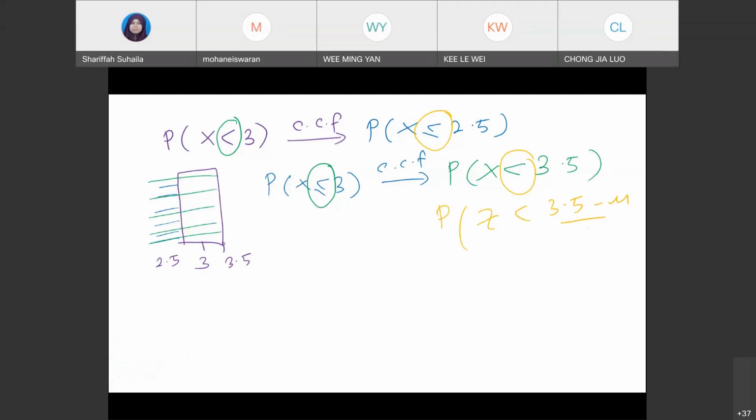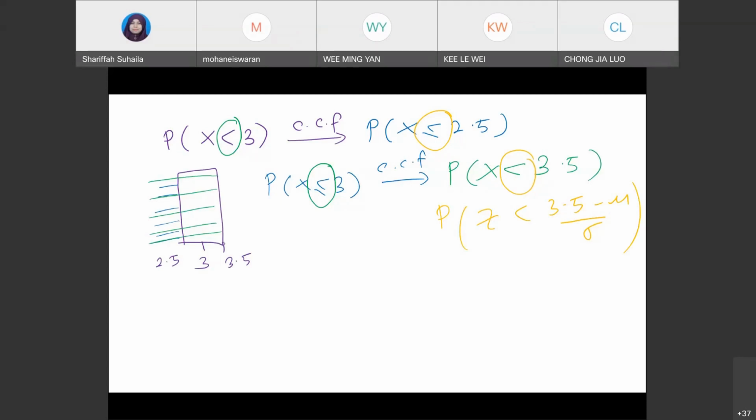It's already become continuous, so with or without equality signs is the same thing. You still read the same value in your stats table. So maksudnya kat sini, if you didn't put the equality signs after you already did the continuity correction factor, I didn't penalize you, because you want to read from your stats table, it's already continuous. Not really important about the equality signs.